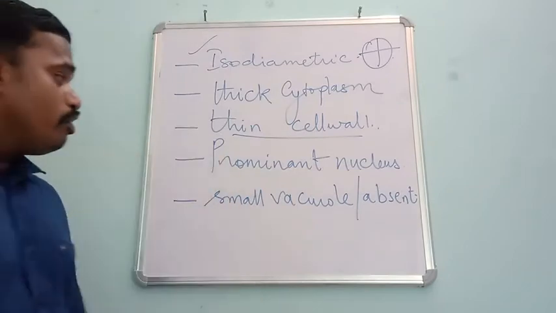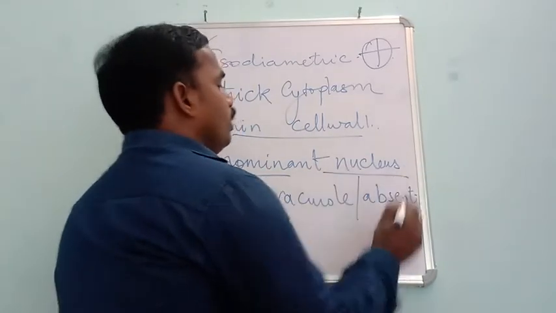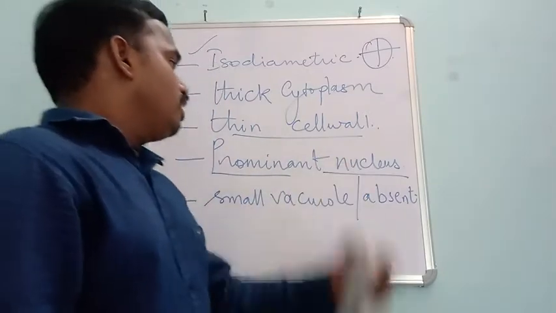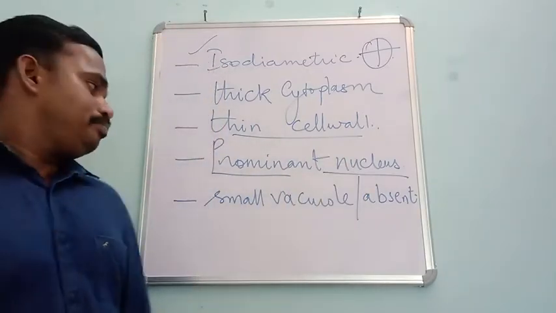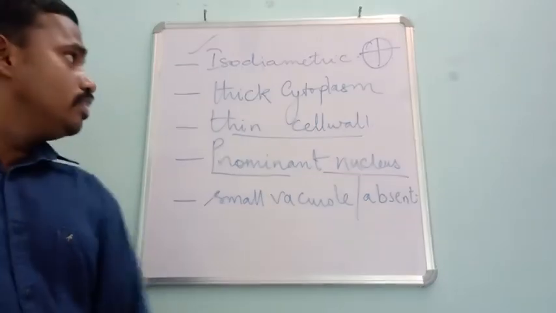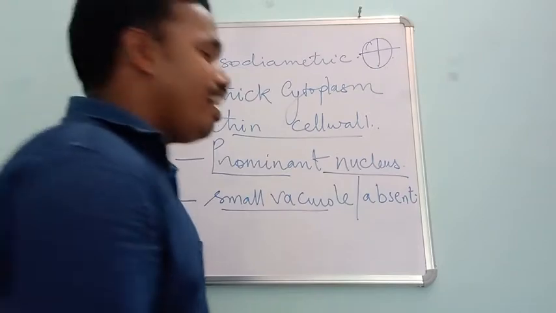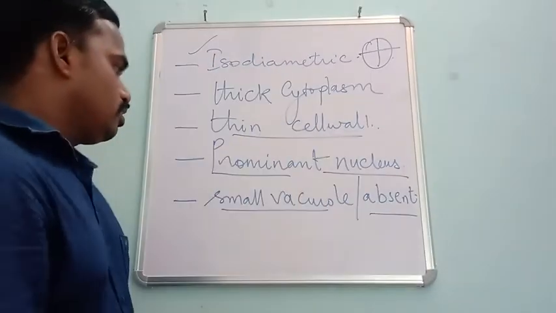Obviously we can see the prominent nucleus in the meristematic cell; the nucleus is prominent and visible. The meristematic cells either possess small vacuoles or the vacuoles are absent.